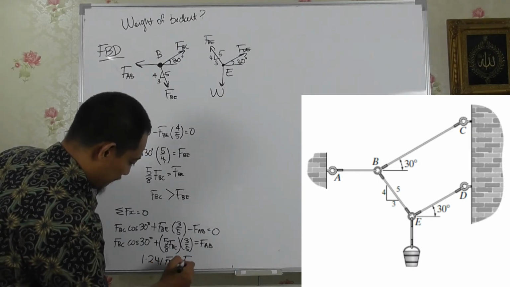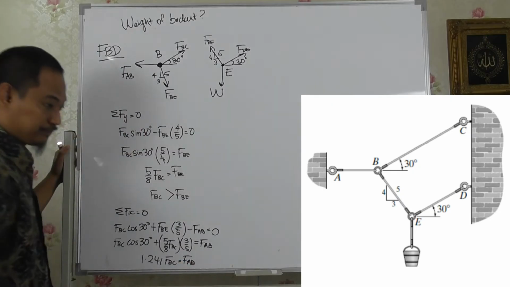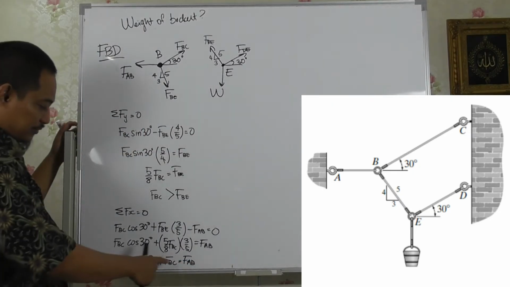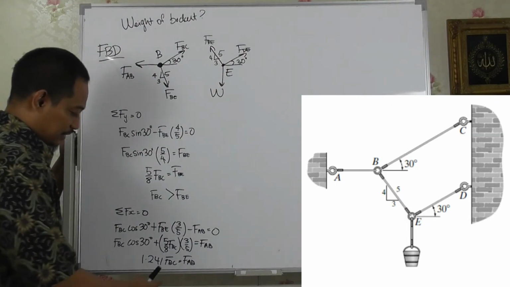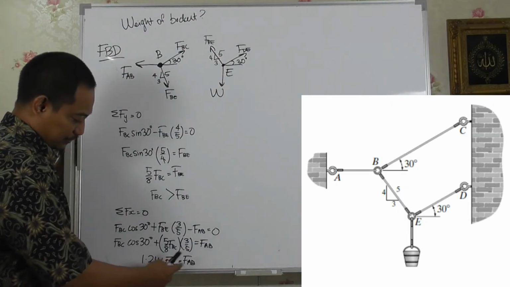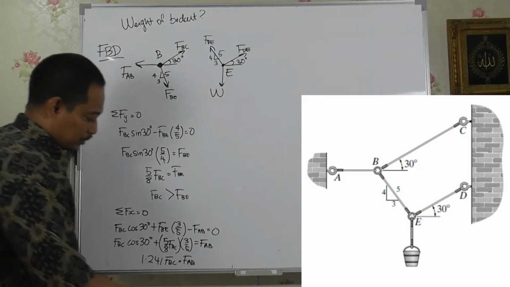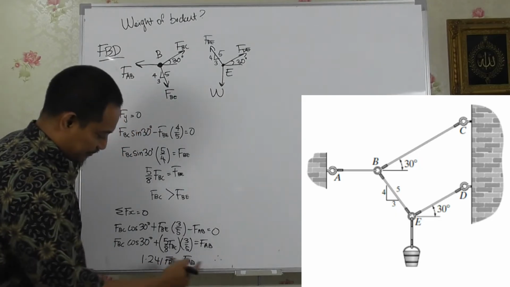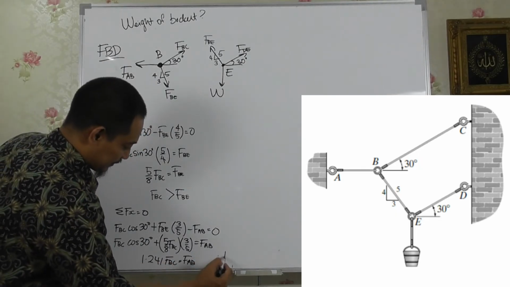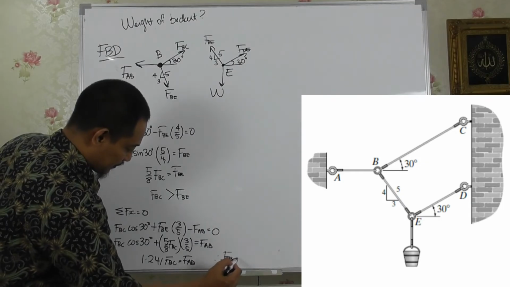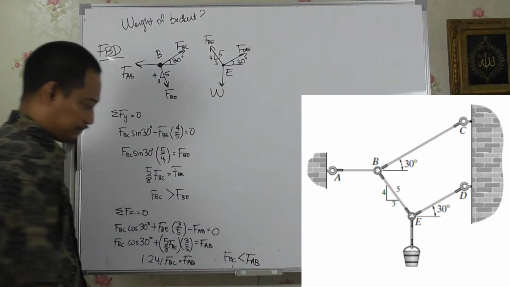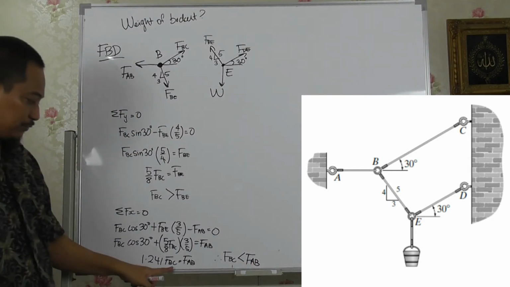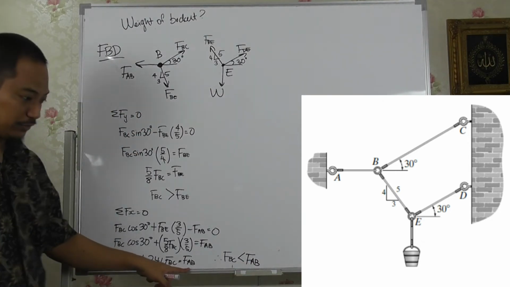FBC equal to FAB. So which one is larger, which one is smaller? You can use the same exercise, just plug in 1 into here, and then this one becomes 1.24. I don't have enough space already. So FBC is smaller than FAB, because if FBC is 1, FAB is 1.24.